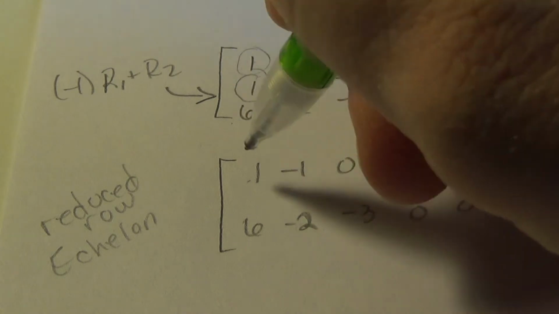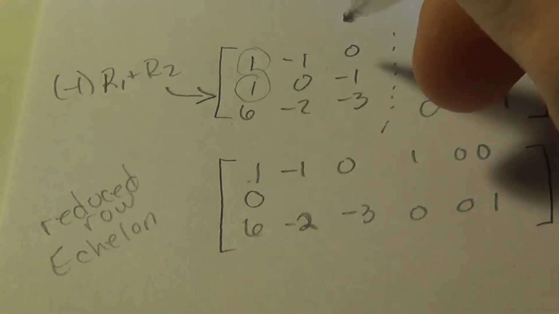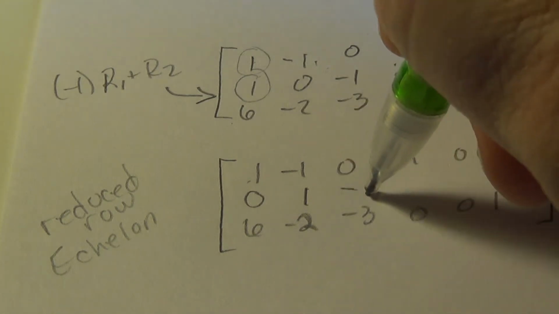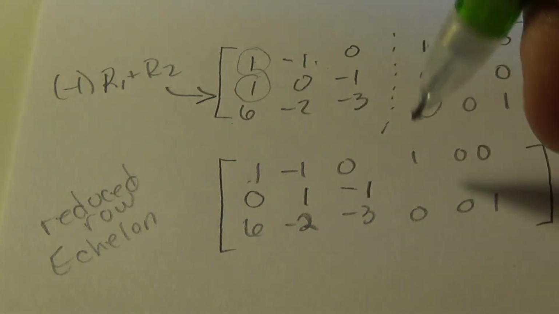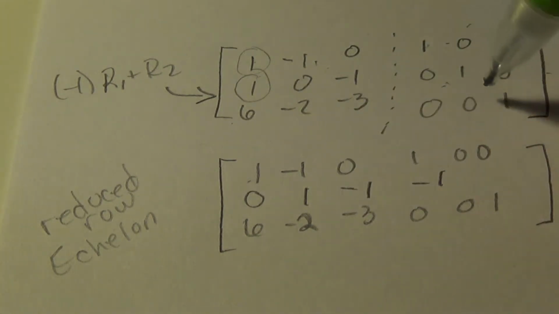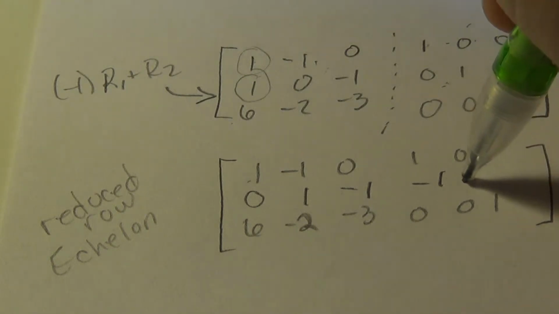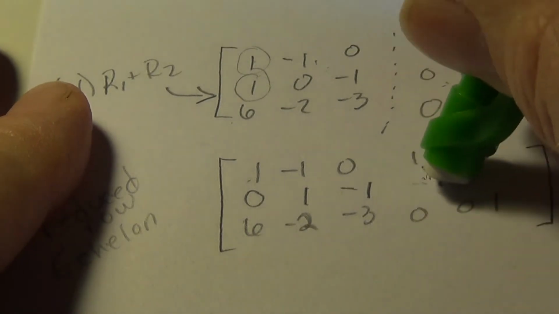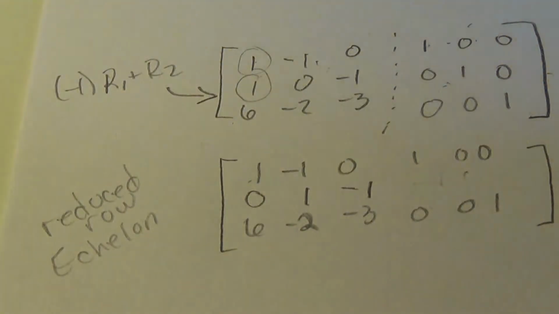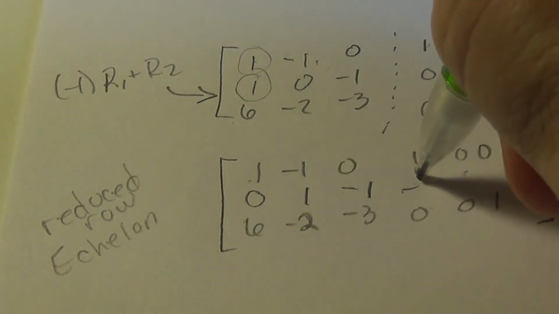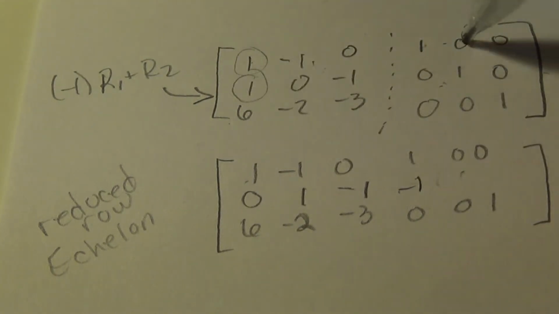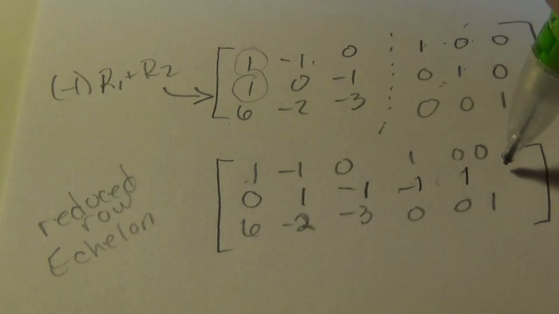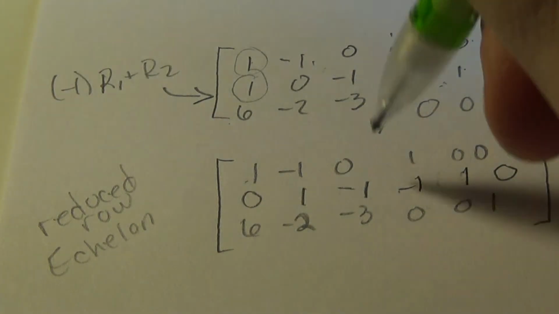And when I do that, I'm going to get 0, 1, negative 1, negative 1, 0. Wait a minute, there's a 1 there. So 0 plus 1. Don't want to make a mistake in the first row. All right, so it was negative 1 times 0 plus 1, which is just a 1. And we're going to get 0 there. All right.